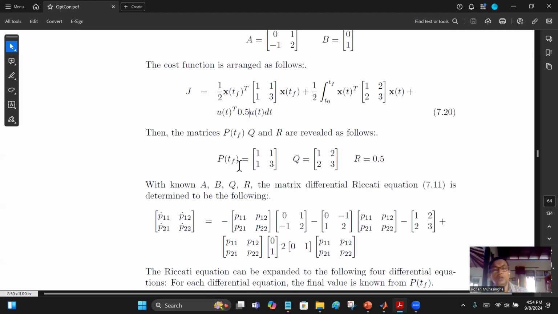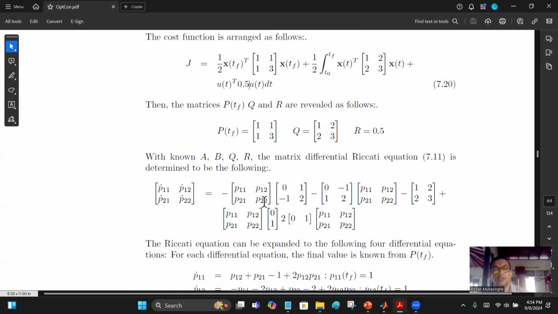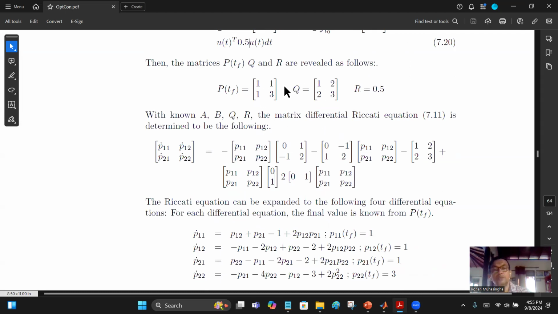Now, when you know all these matrices, A, B, Q, and R, right? From here, A, B, then over here, Q and R. This is P, but it's not a constant. All the other things are constants.